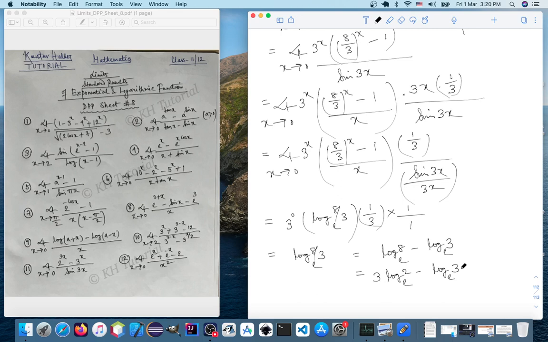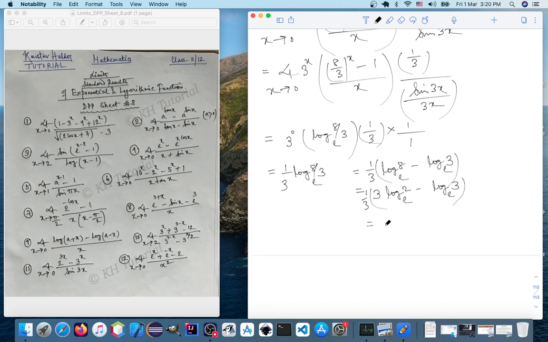We have the 1 by 3 over here. So 1 by 3 log e 8 minus 1 by 3 log e 3, and this becomes log e 2 minus 1 by 3 log e 3. This is the answer.